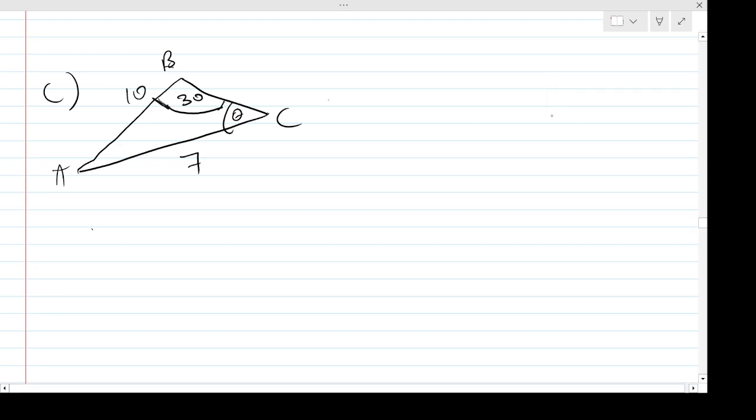So again, we're going to use the sine rule like the last question. So firstly, we have sine theta here, and it's going to be facing that length 10, that side of 10. So we're going to have sine theta over 10, and it's going to equal, well, the other angle's 30, and it's facing the 7, the side with 7. So it's going to be sine 30 over 7.